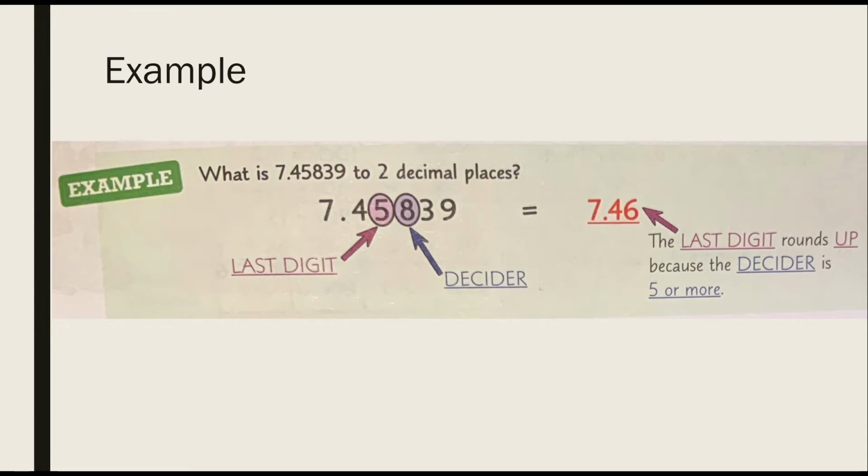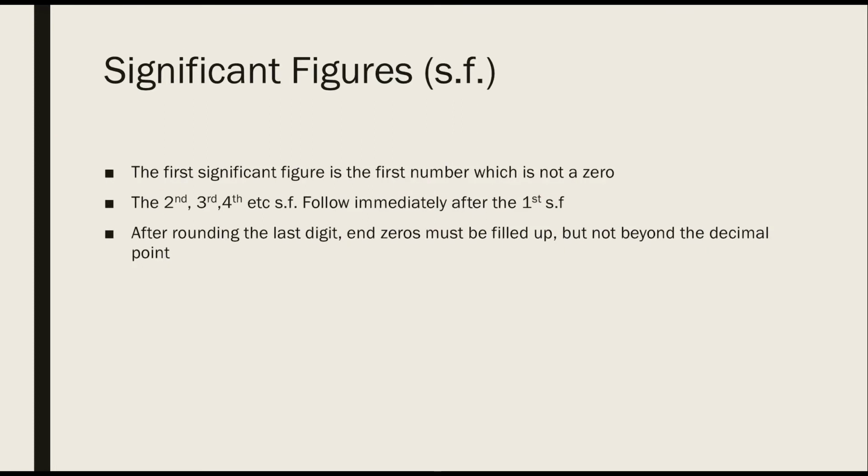So now we're going to be looking at significant figures, abbreviated as S.F. The method for significant figures is identical to that for decimal places, except that locating the last digit is a bit more difficult. It wouldn't be so bad, but for the zeros. So, the first significant figure of any number is simply the first digit which isn't a 0.